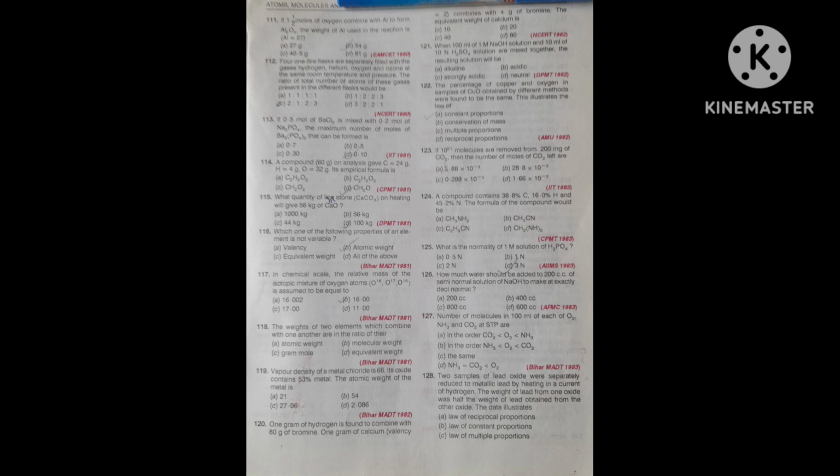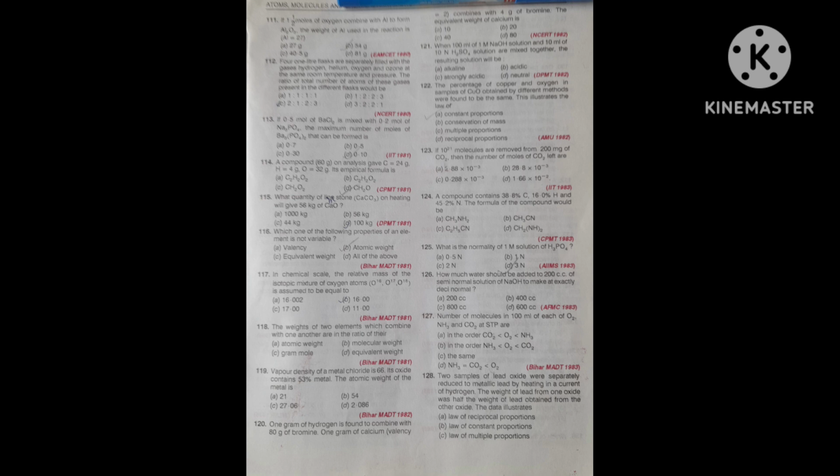Okay, the given data shows that the weights of lead combining with a fixed weight of oxygen are in the ratio 1:2, or in another way 1/2:1.